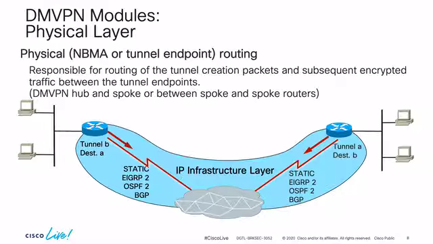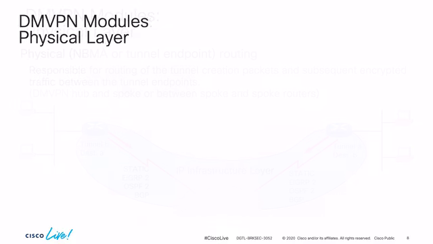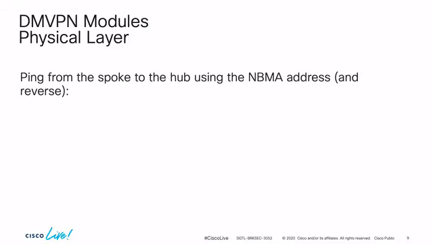Now that we know what this layer does, let's take a look at the different tools available to troubleshoot or identify problems in this specific module. The first tool is ping, which is a very common tool that each and every one of us has used sometime during our career.